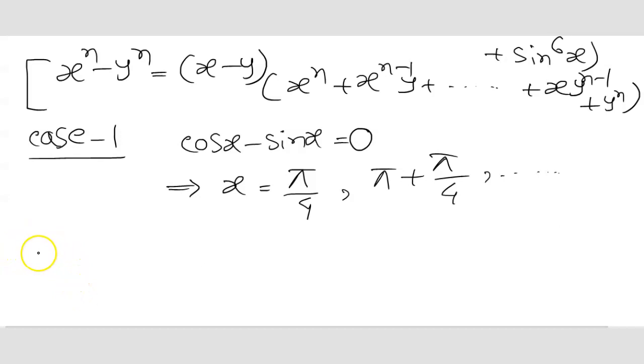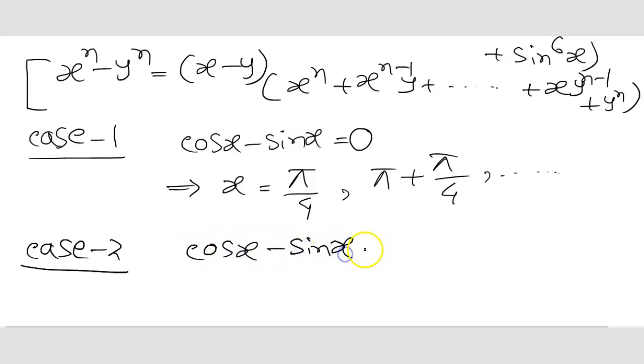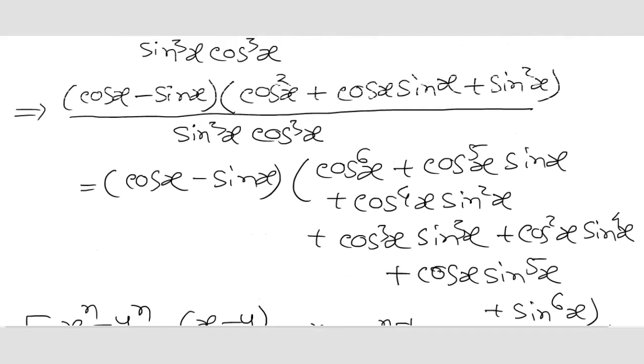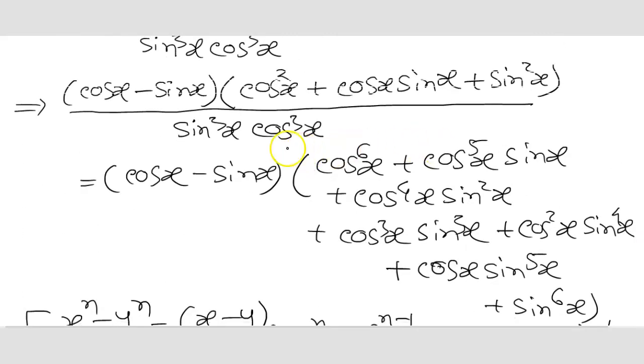But in the second case, we can assume that cos x minus sin x will never be 0. As this thing is not equal to 0, we can cancel it out, right? If we cancel it out, what will be the leftover portion? See, cos square x plus sin square x becomes 1, so we are left with 1 plus cos x sin x and this whole thing, right?